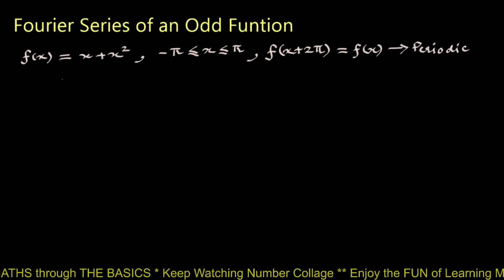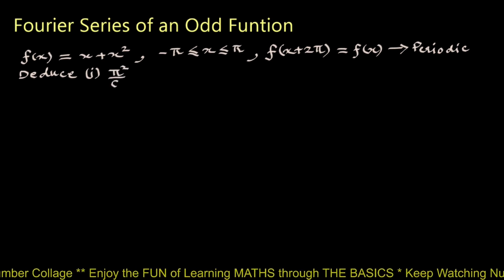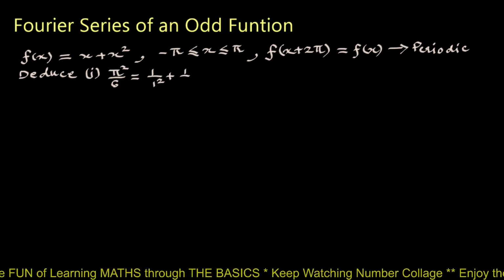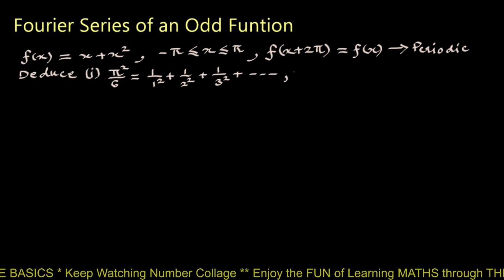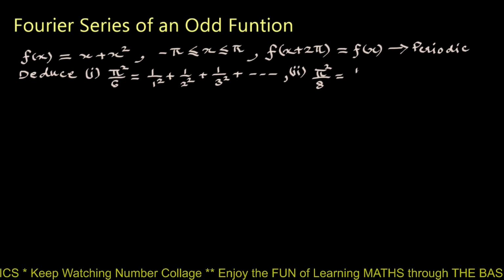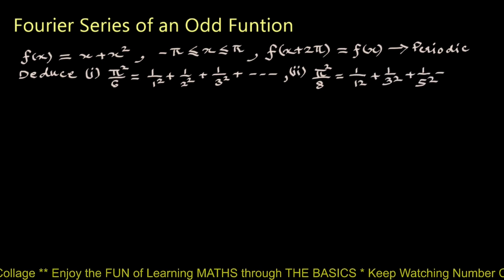We also have to deduce number 1, pi square upon 6 equals 1 upon 1 square plus 1 upon 2 square plus 1 upon 3 square plus so and so forth. And number 2, pi square upon 8 equals 1 upon 1 square plus 1 upon 3 square plus 1 upon 5 square plus so on and so forth.